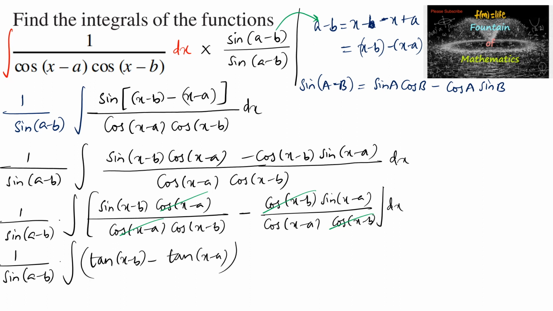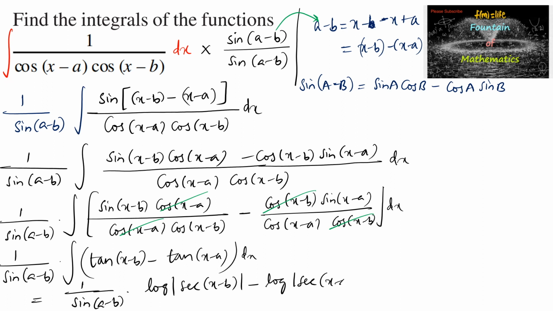And we know that integration of tan x is log secant x. So here we can write 1 upon sin of a minus b into log mod of secant of x minus b minus log secant of x minus a.